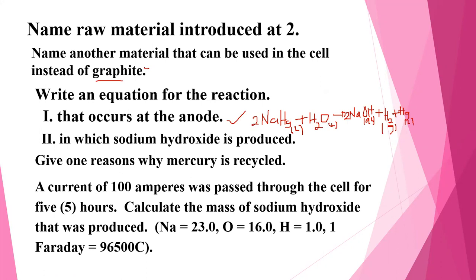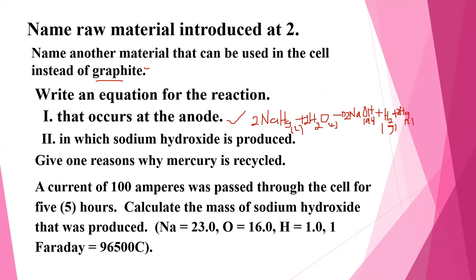Then we have 4 hydrogen, 1 oxygen, 2 oxygen. 2 oxygen, we can write 2 here.